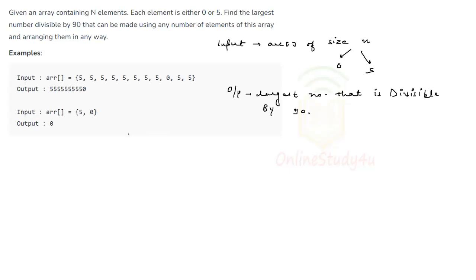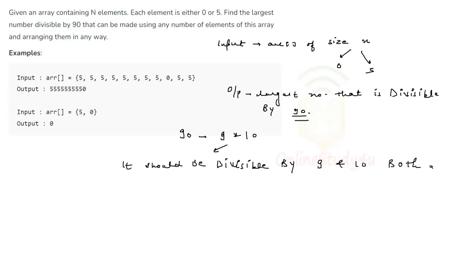So when you say any number should be divisible by 90, what do you mean? 90 is 9 into 10, so it should be divisible by both the numbers, 9 also and 10 also. That means it should be divisible by 9 and 10 both. Correct?